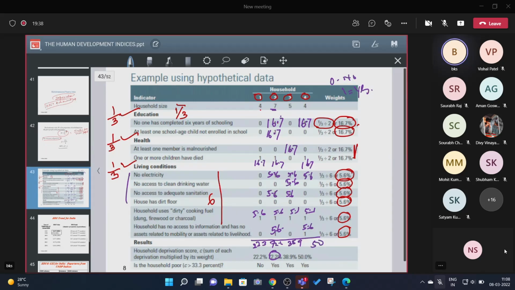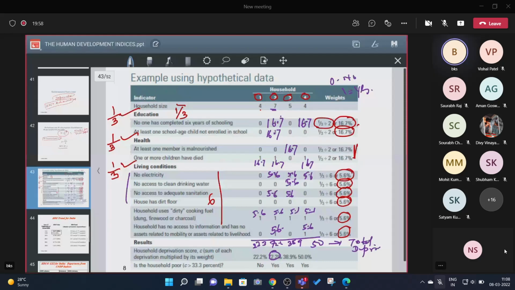Now you have to decide which households are poor. These are your total deprivation scores for the households.